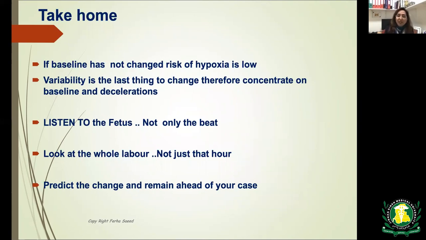If variability is changing, that means reducing, or very high variability, that means the oxygen supply to the brain has been impaired. Listen to the fetus, not only the beat. You need to understand your fetus. You have to look at the whole labor, not just an hour when you enter that time. And when you understand the physiology, just like normal human fetal and adult physiology, you will be able to predict the change and remain ahead of your case, ahead of your game.